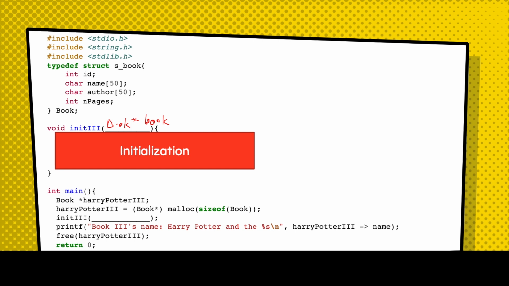So here, in the statement where we call init3, we should put Harry Potter 3 as the actual variable.